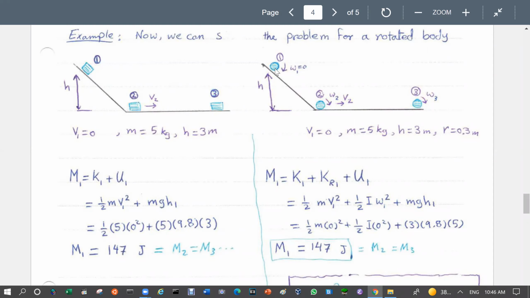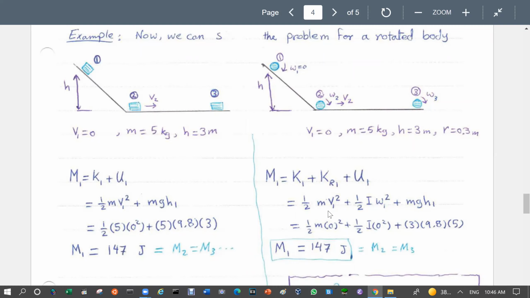At point number 1, we don't have any velocity. The velocity is 0, and the rotational velocity, or the angular velocity, is 0 too. So as you see here, the first term is 1/2 mv squared plus 1/2 I omega 1 squared. Now here we have I omega for the rotational motion, not mv, plus mgh.